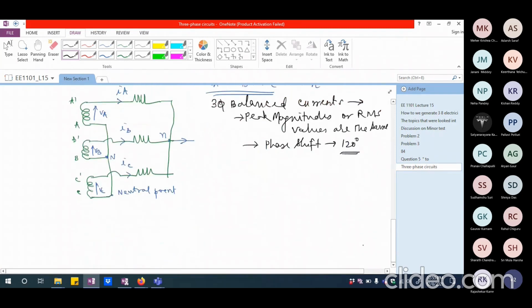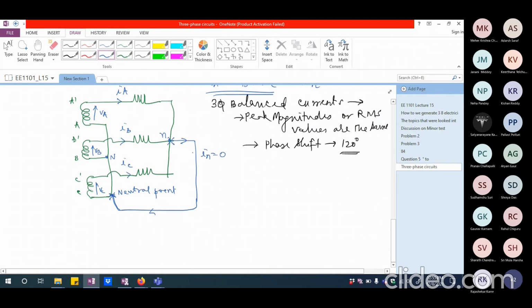So if I'm going to have balanced currents, then it doesn't matter whether I connect this to here or not. This capital N and small n can be connected to each other. That is not really going to carry any current at all, because if IA plus IB plus IC is equal to 0, whether I connect this or do not connect this, it's not going to matter. This point is going to have the same potential as that of this point.